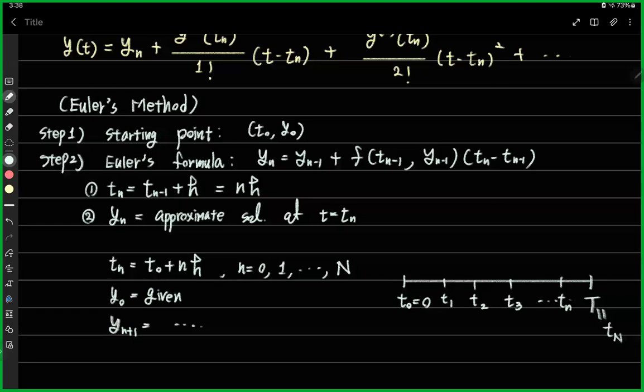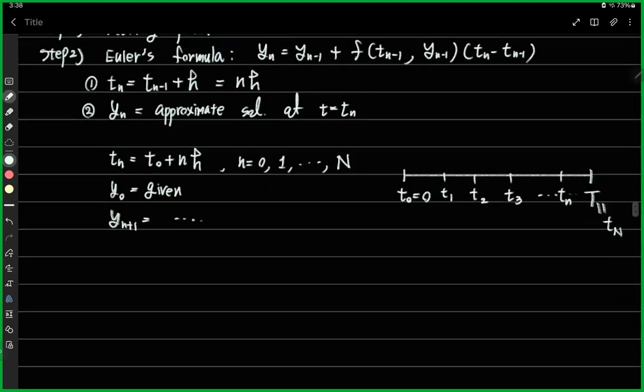So here is an easy example. The differential equation is y prime is equal to minus 1/2 y minus t plus 3/2, and y of 0 is equal to 1. I think you can do that, right? Following this, I can help you.